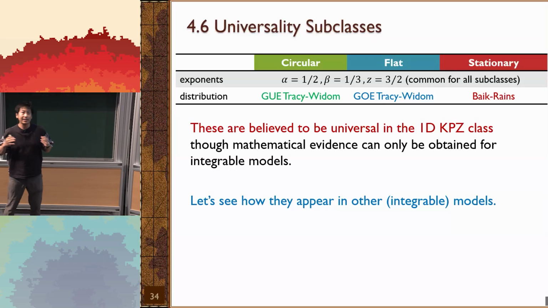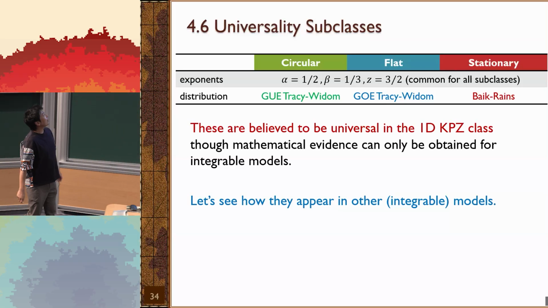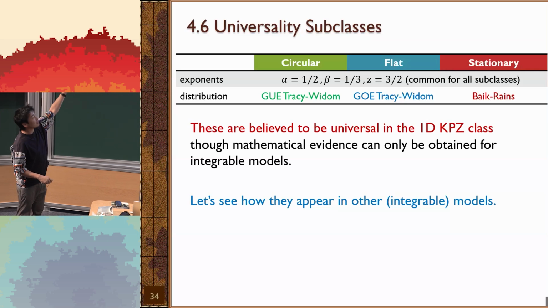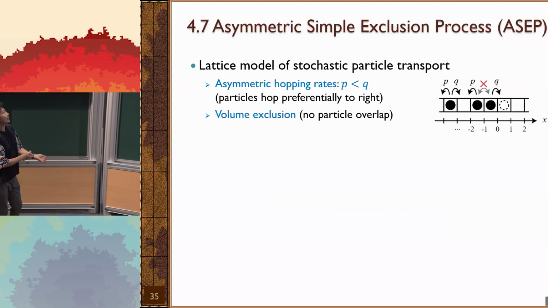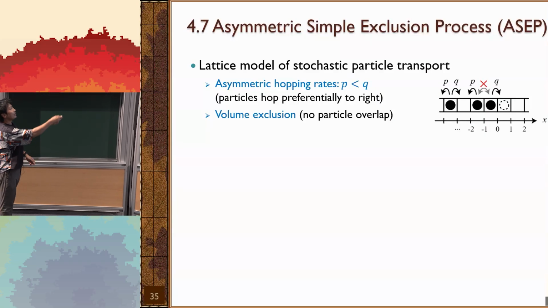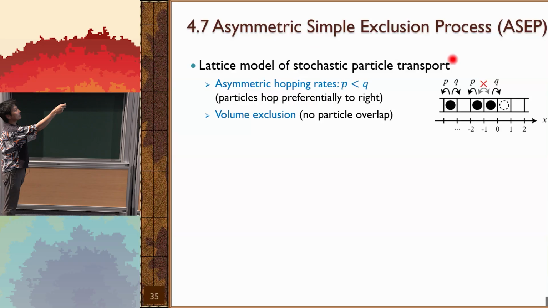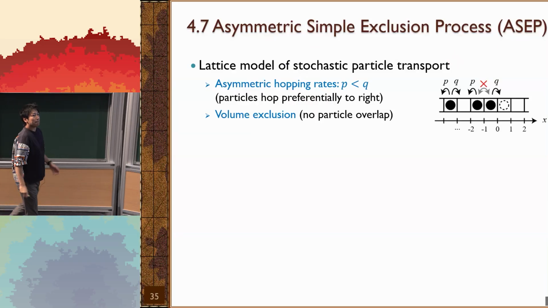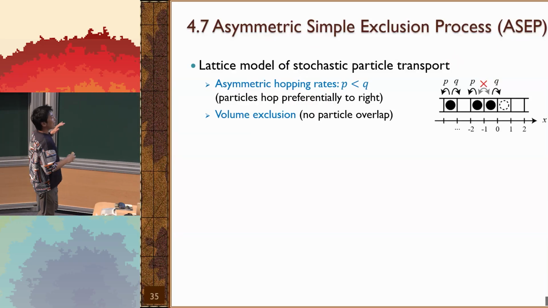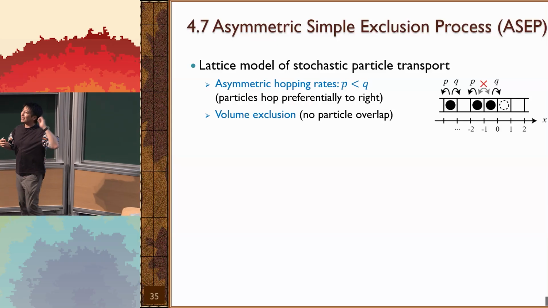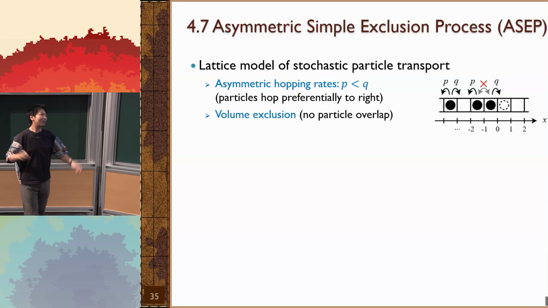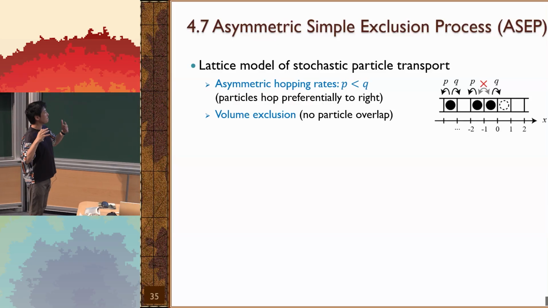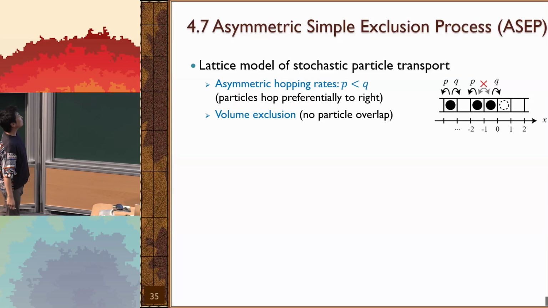So in today's lecture, I'd like to start explaining how these look like in a few other models. And the first model I'd like to mention is the asymmetric simple exclusion process, or ASEP. And fortunately, Ivan already explained that in a way more general and sophisticated form.